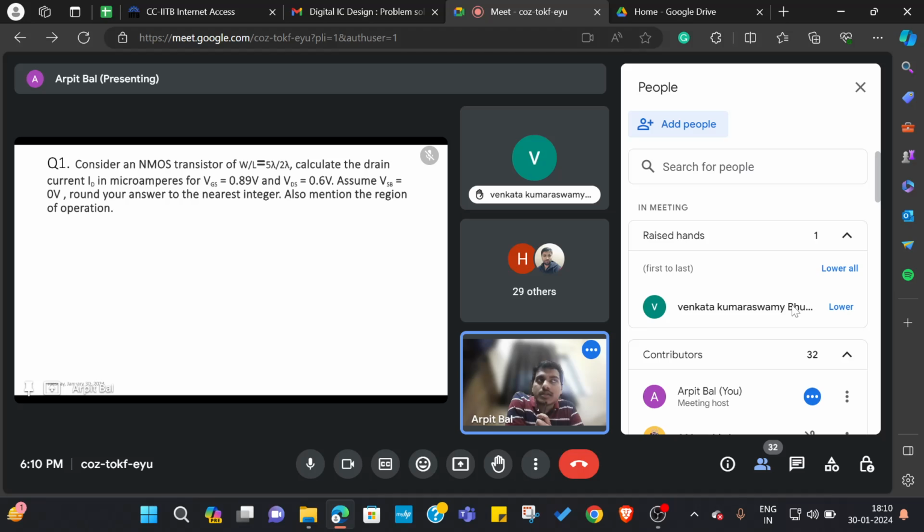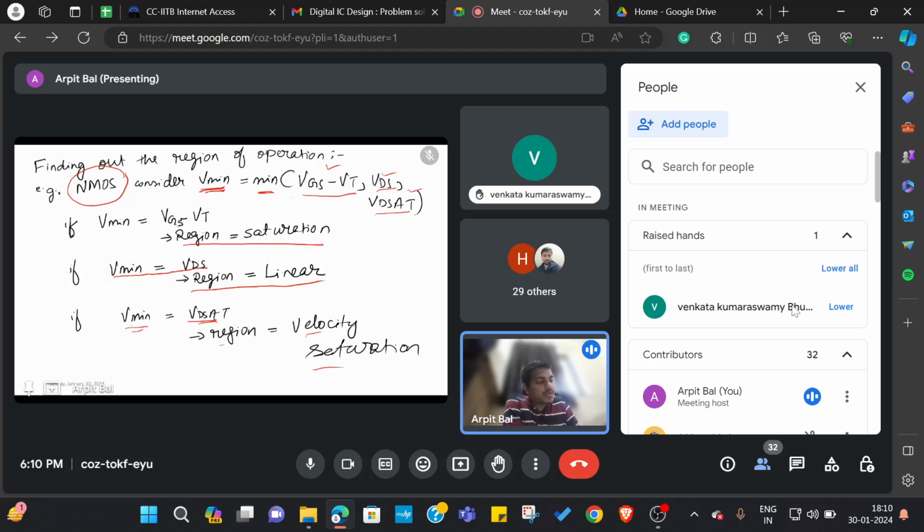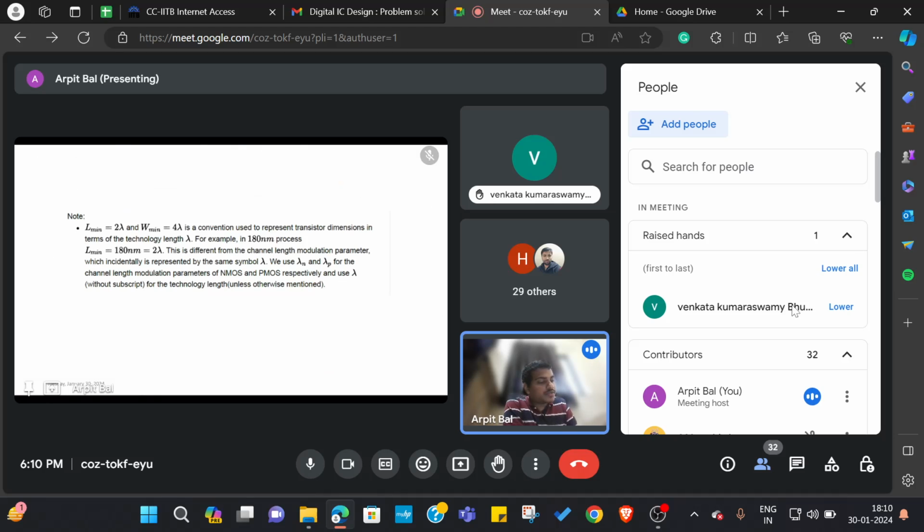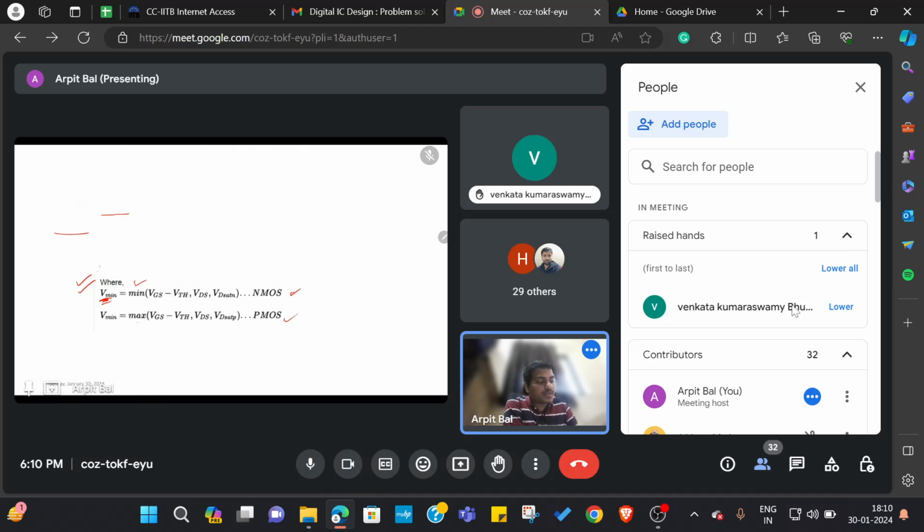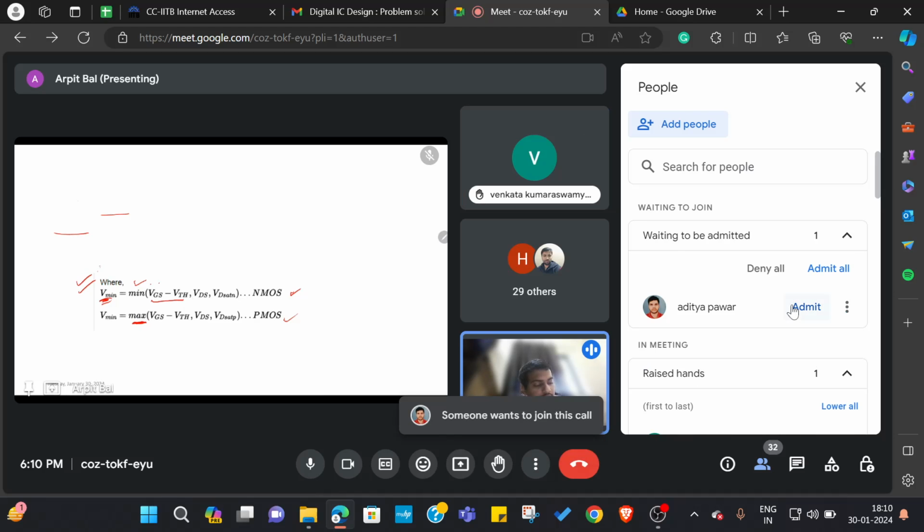Instead of V minimum, for PMOS we will be using V max. Just like for NMOS we took the minimum, for PMOS we will consider the maximum.